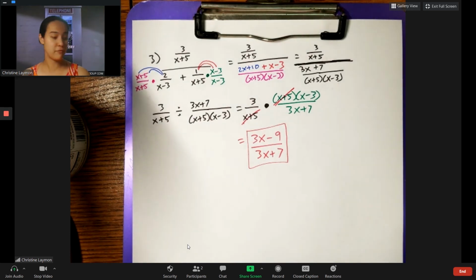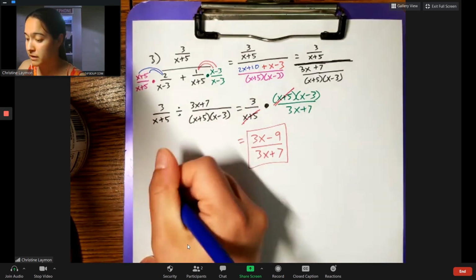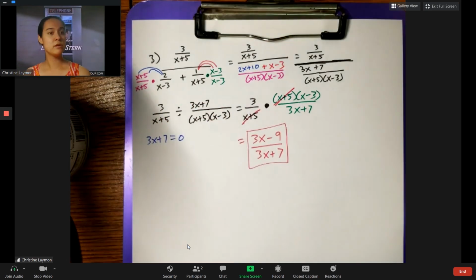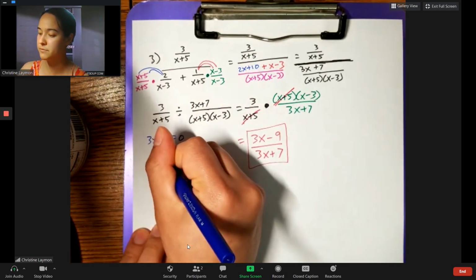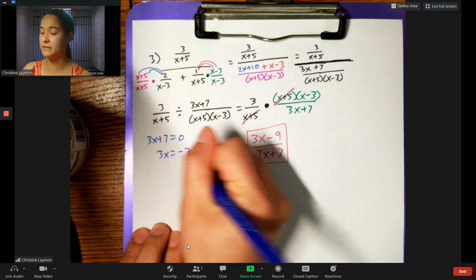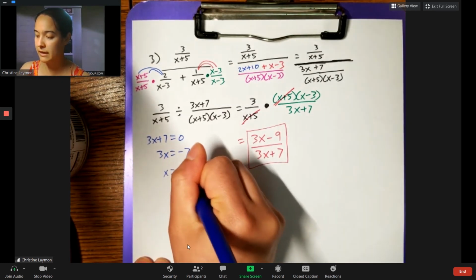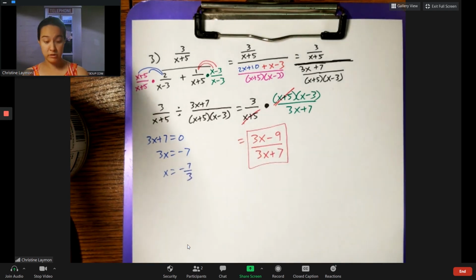Let's go back and check for domains. So what I notice right here, that 3x plus 7 is in the bottom. Well, that's going to be an issue. So 3x plus 7 equals 0. Subtract 7 from both sides. 3x equals negative 7. Divide by 3. x equals negative 7/3. That's going to be one of the issues. Let's keep going back and tracking this all the way through.